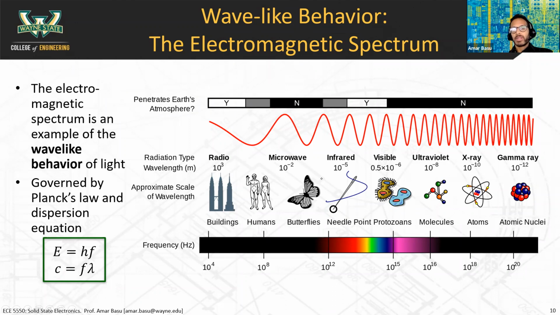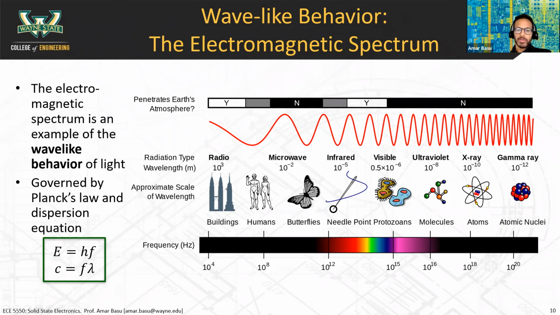So if we consider the different portions of the electromagnetic spectrum, on this end, we have low energy, high wavelength light. So f is small and wavelength is large. So that's this portion of the spectrum.